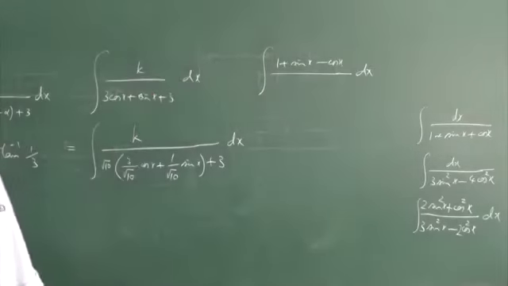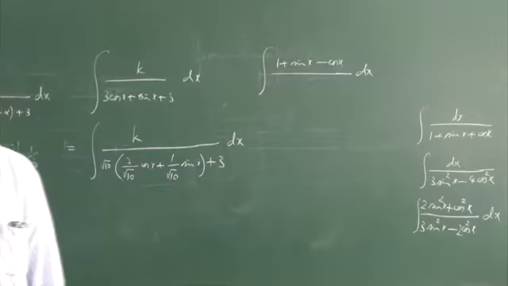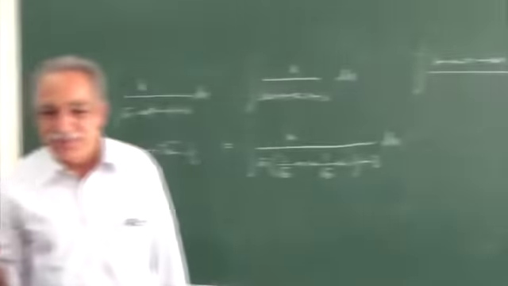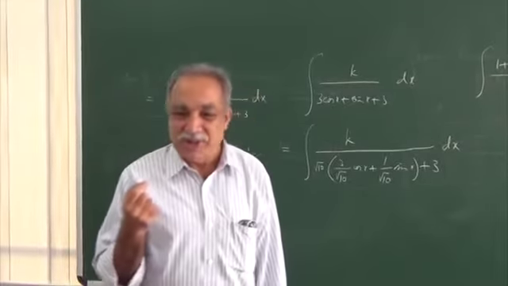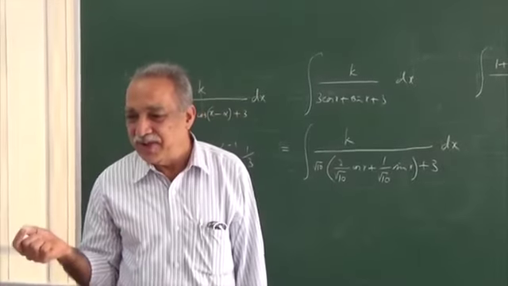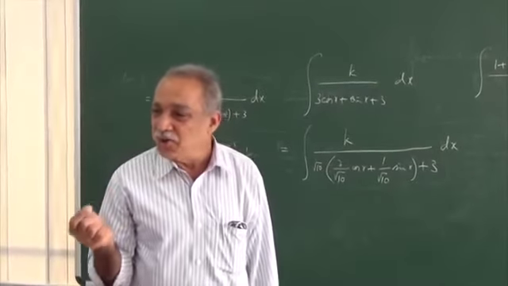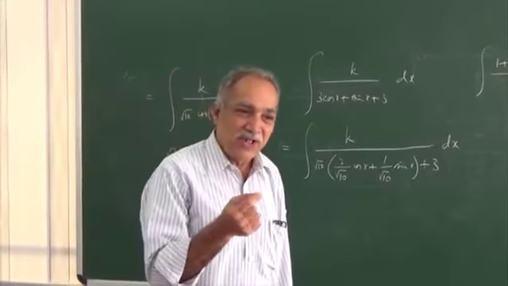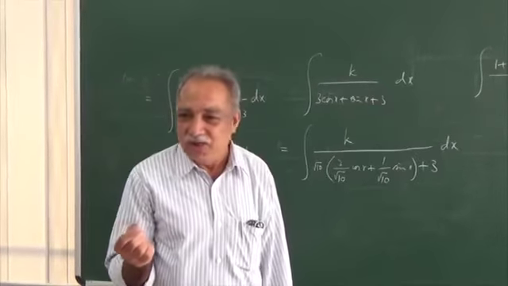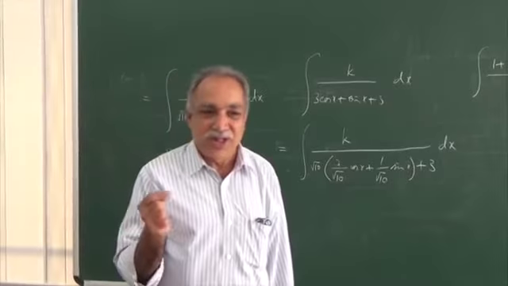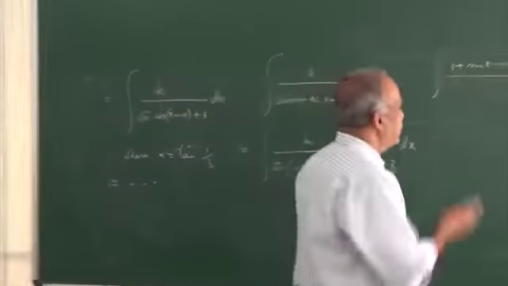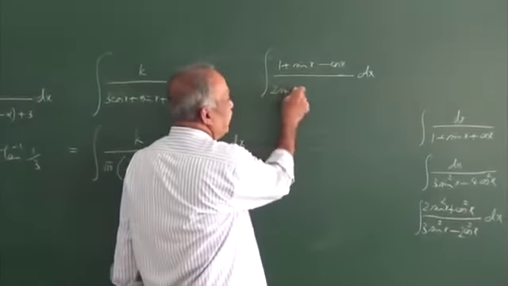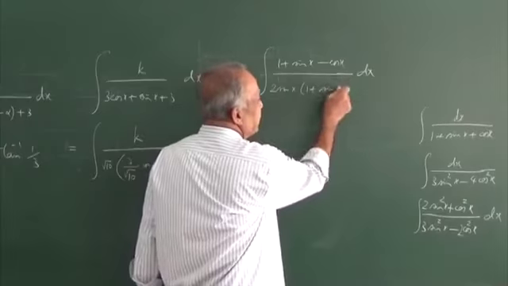Denominator becomes 1 plus sin x whole square minus cos square x. 1 plus sin square x plus 2 sin x minus cos square x. But 1 minus cos square x is sin square x. So, finally, we are getting 2 sin square x minus 2 sin x.